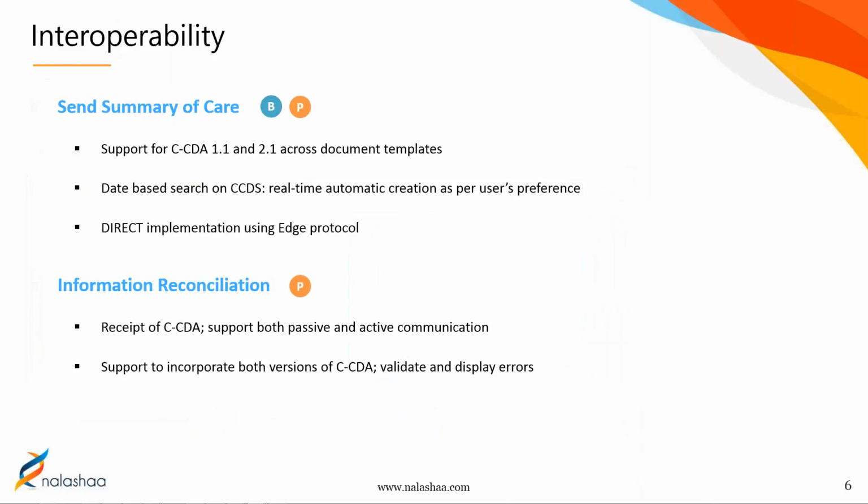While the EHR vendors have to implement the newer version, they also have to make sure that it is backward compatible with the older version. That would mean your EHR has to support both versions, 1.1 and 2.1, across all the document templates, which can be your transition of care, your discharge summaries, or your referral summaries.